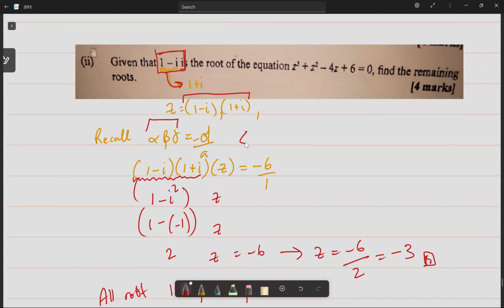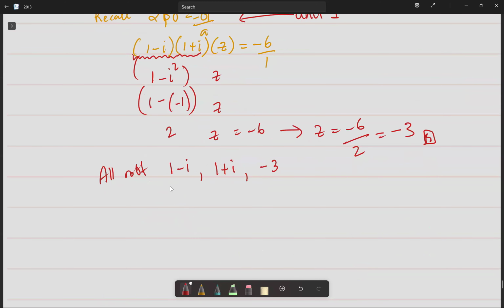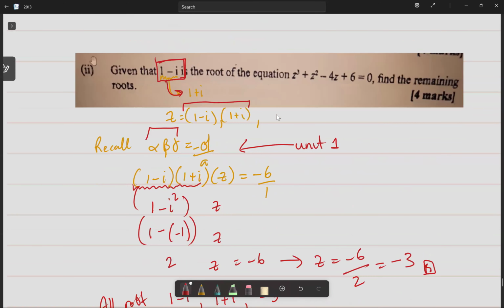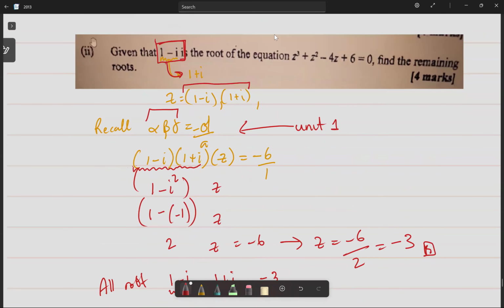Then we're multiplying the roots together: 1 minus I, 1 plus I, and z. 1 minus I times 1 plus I is 2, times z is equal to negative 6. Z must be negative 3, which means that our roots are the one they gave us, the conjugate, and the one we found, negative 3. Okay? Any questions about that question? No issues.